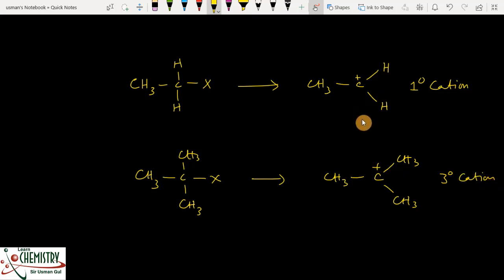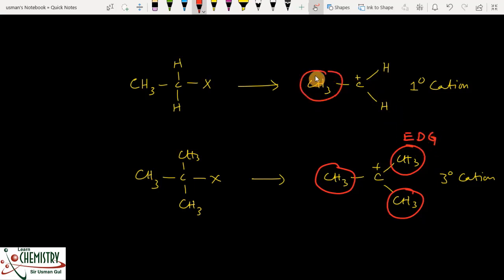If you compare both of them, remember that the third degree carbon cation has three electron donating groups, but the primary has only one electron donating group. Electron donating groups inductively donate electrons to the positive charge, and they try to balance or neutralize this charge.